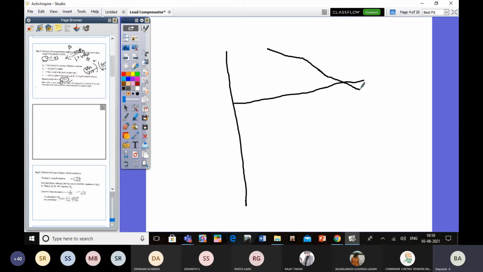This should exist, and here we have some phase angle plot. Please listen, dear. In the previous case, in the lag compensator, what we did was identify the compensated system phase margin. Clear?